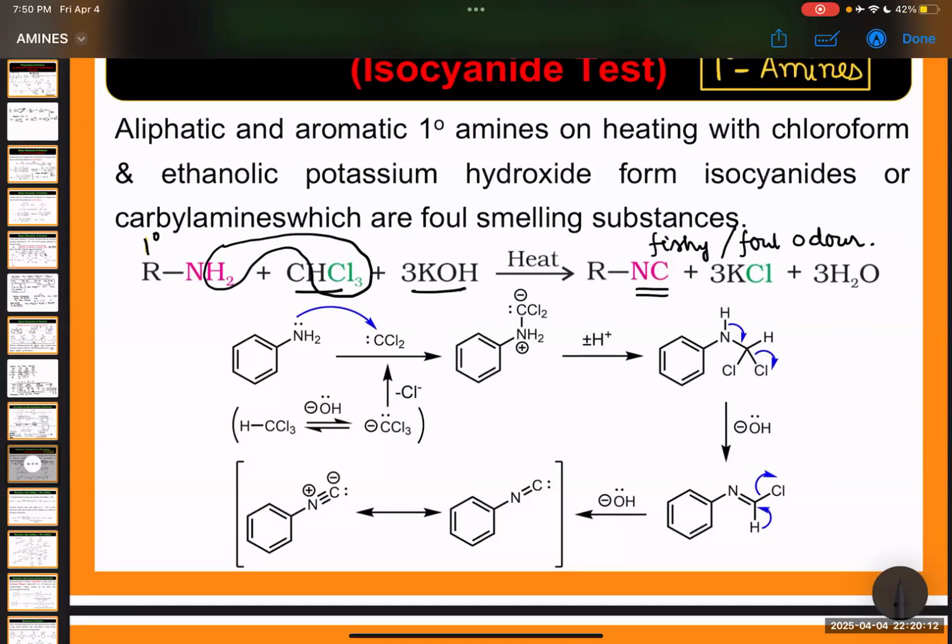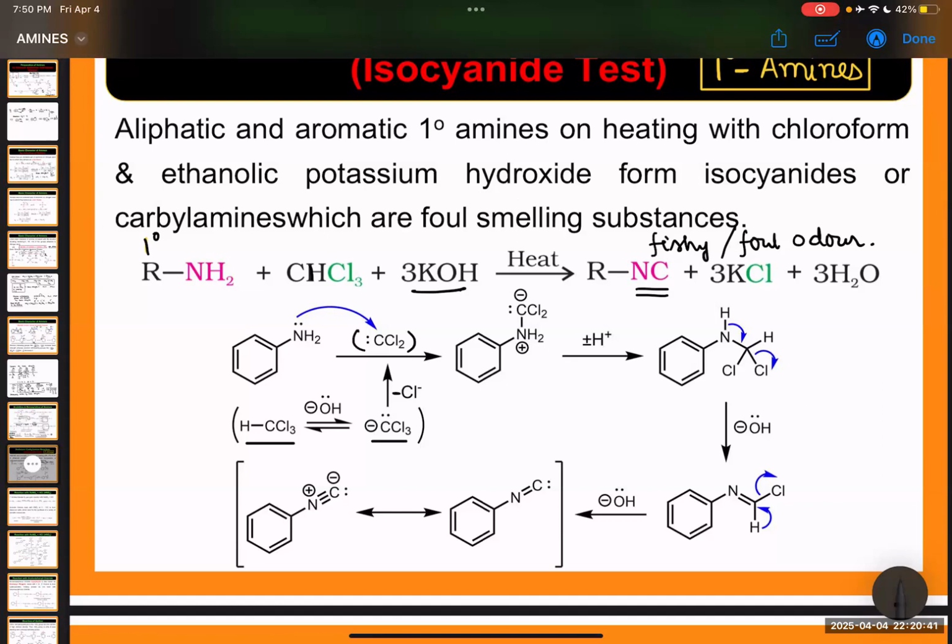And what happens when you take CHCl3 and KOH, actually HCl is removed in the presence of base. You can see this is chloroform. You have taken base, base will remove the H plus. You are going to get CCl3 minus, the Cl minus will be removed. You are going to get a carbene.